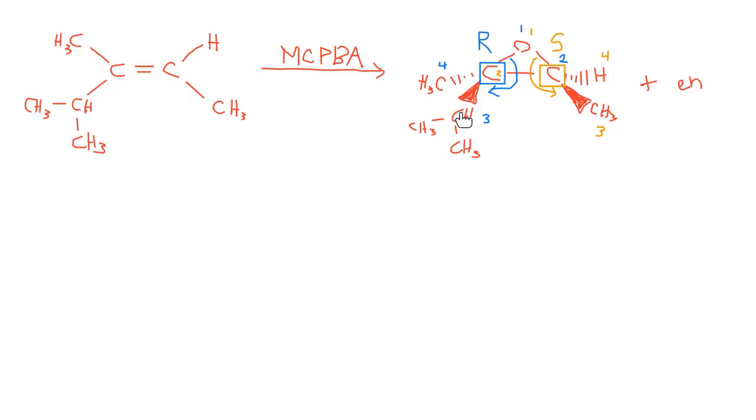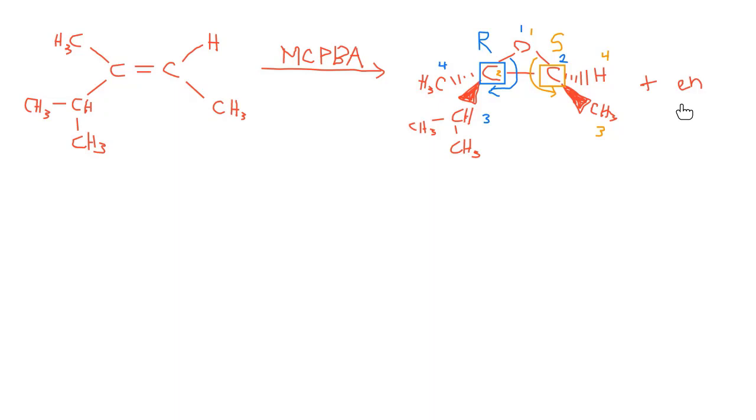There's a methyl group on carbon 4, and there's a methyl group on carbon 3. So it would be 3,4-dimethyl-2,3-epoxypentane. And of course, that would indicate the 2S,3R. But its enantiomer would also be present.